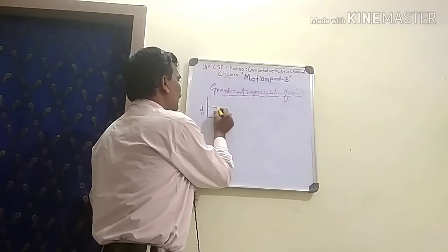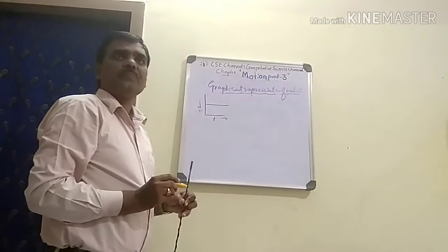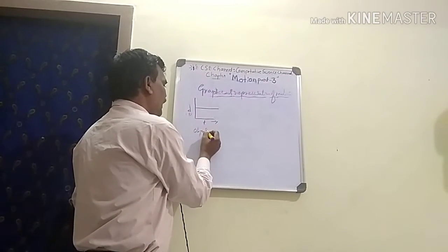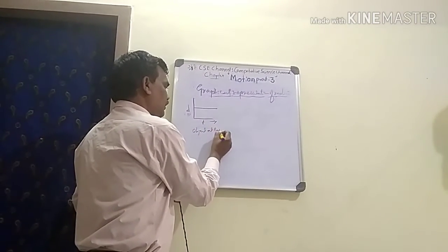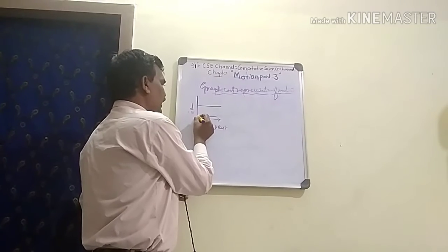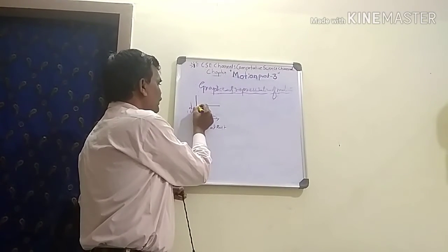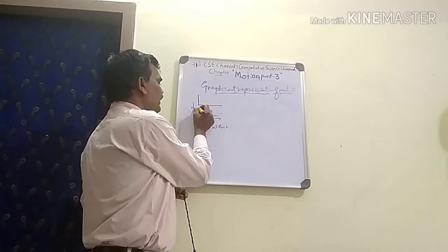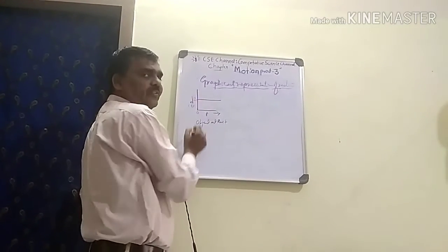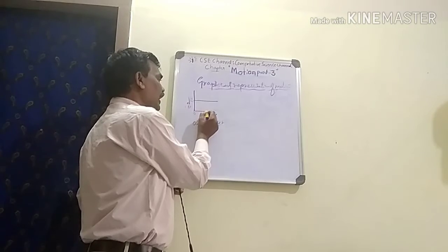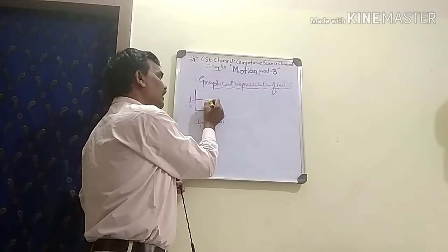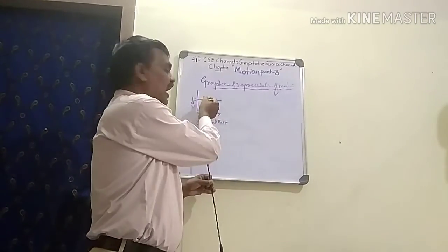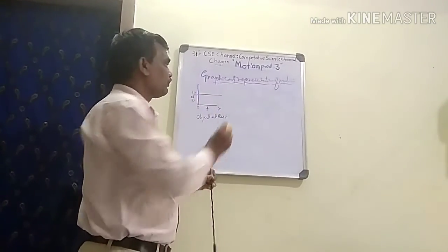If the graph shows like this, then the object is at rest, because at every time, already at time 0, the object is at 10 meter distance. So at any time the object is at the same 10 meter, it indicates the object is at rest.